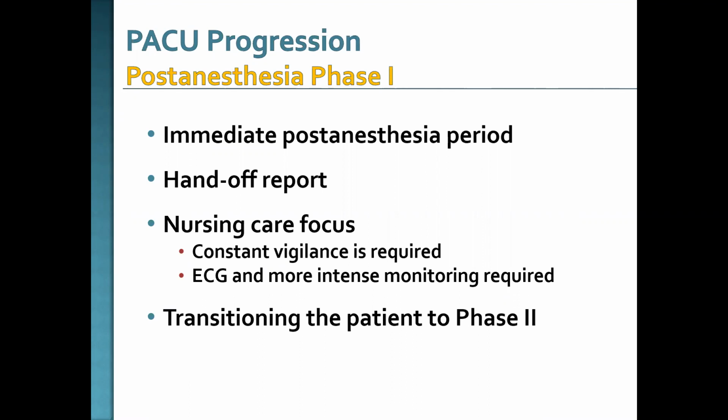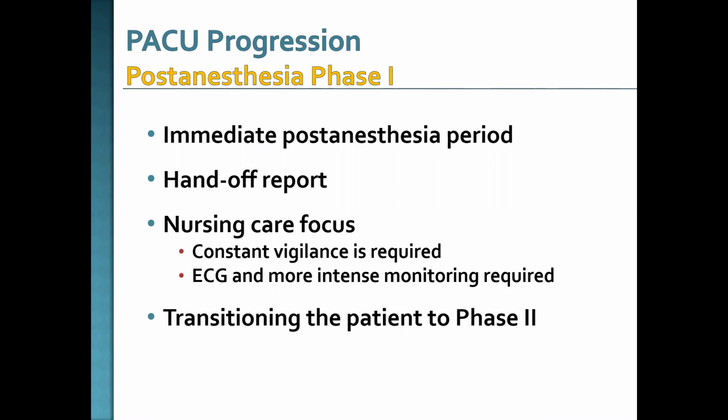The patient assessment may include management of an artificial airway, pulse oximetry to assess oxygenation, transcutaneous carbon dioxide, and end-tidal carbon dioxide, or capnography, which is used to monitor and detect respiratory depression.